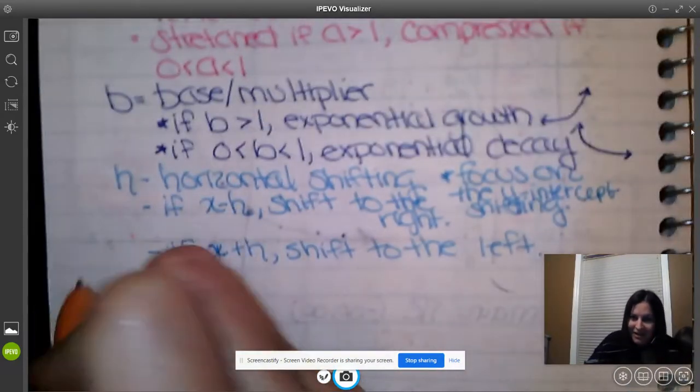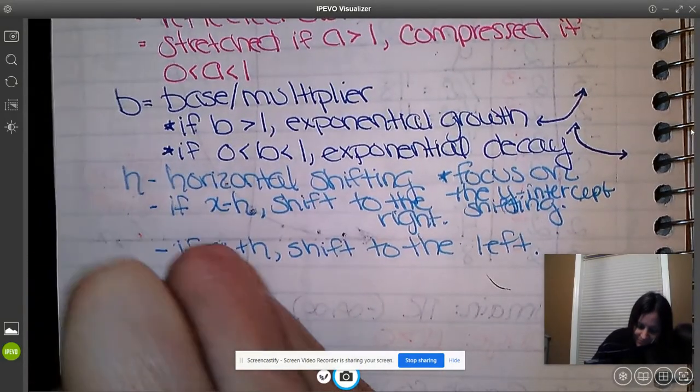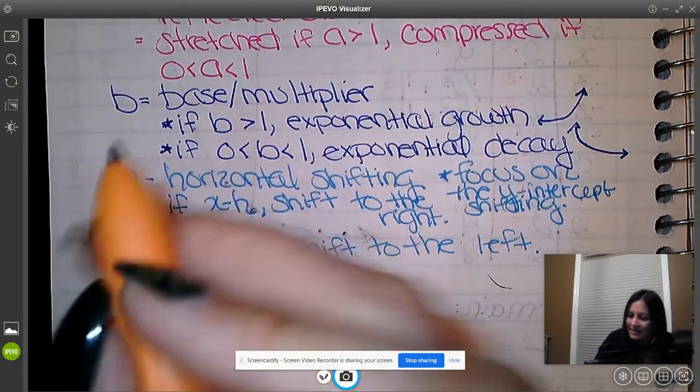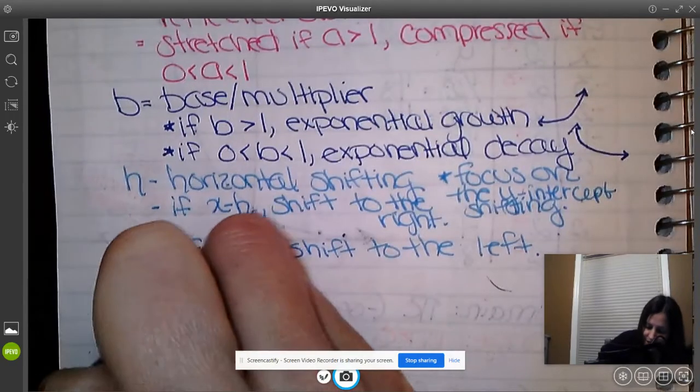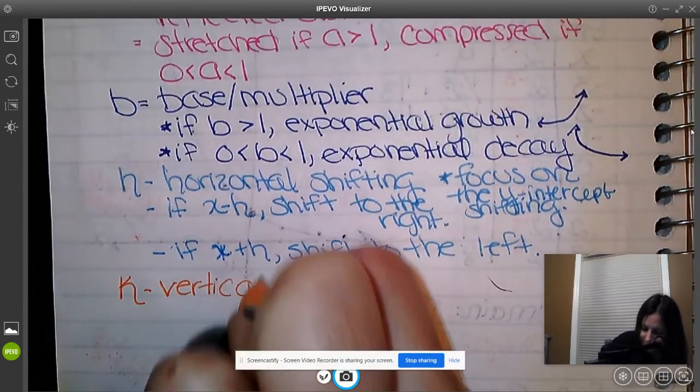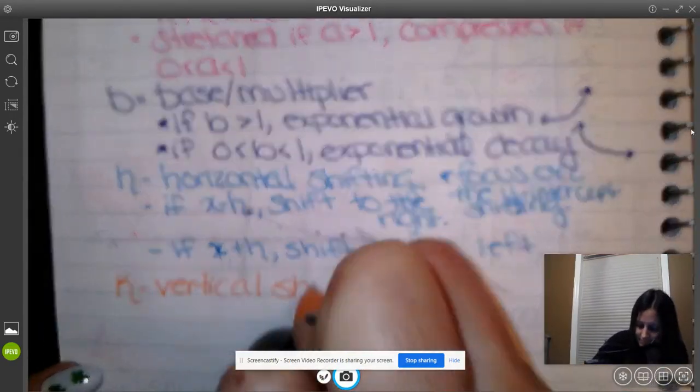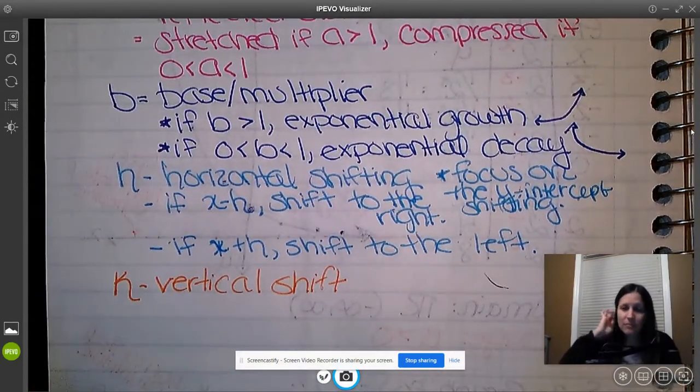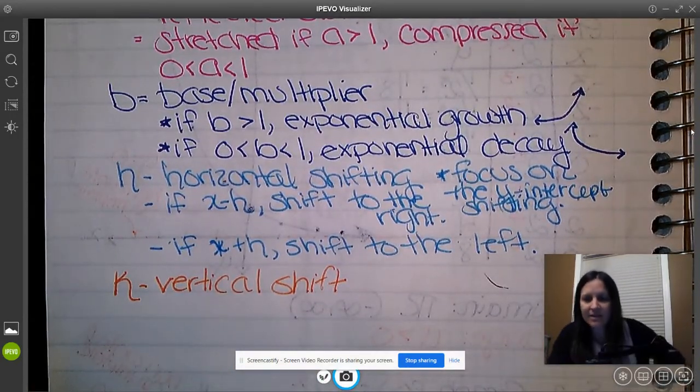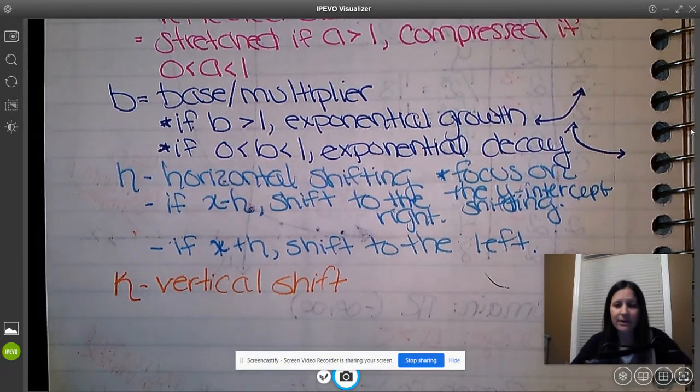So our K value is our vertical shift. If it's plus K, obviously we're going up. If it's minus K, we're going down.